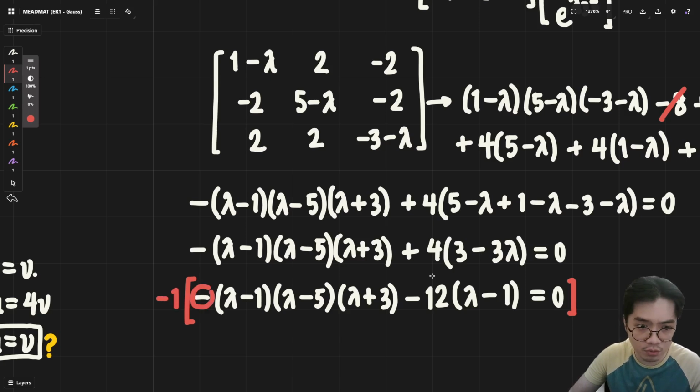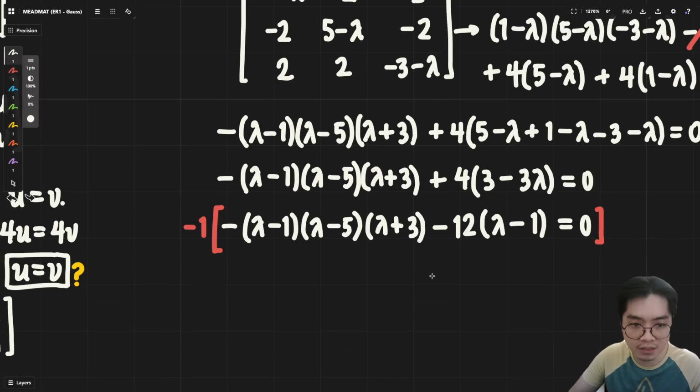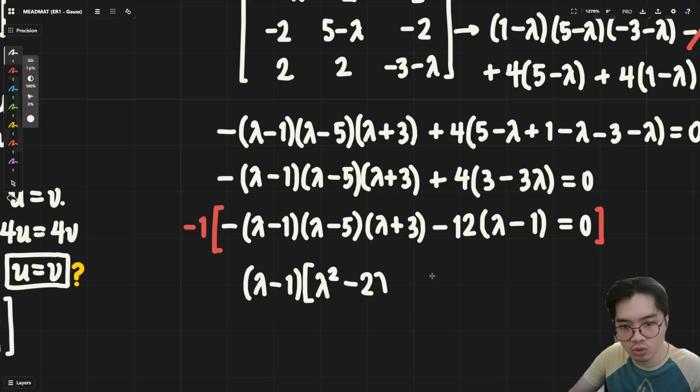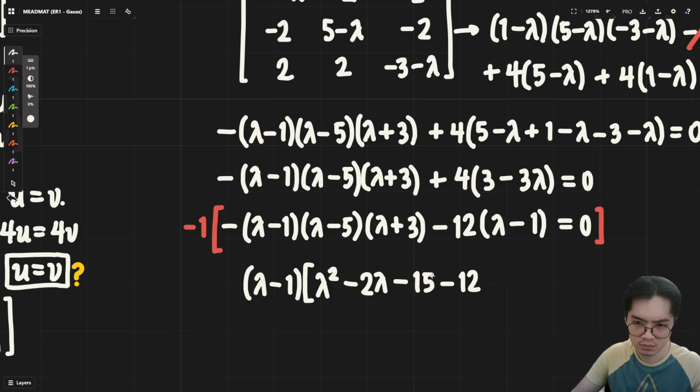This will now be positive. And what's better is that we can now factor out a lambda minus 1. What remains in here is basically this thing plus 12. So that is going to be lambda squared minus 2 lambda, minus 15 minus 12. Is that possible?